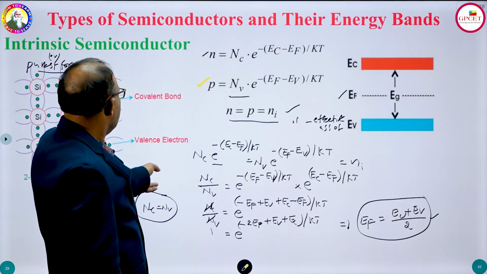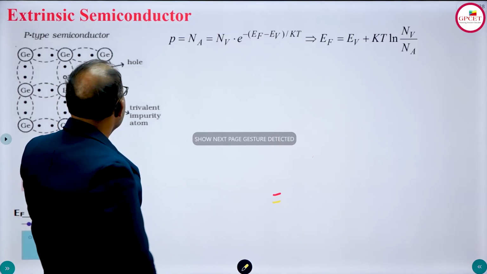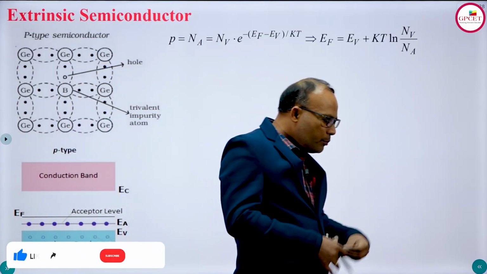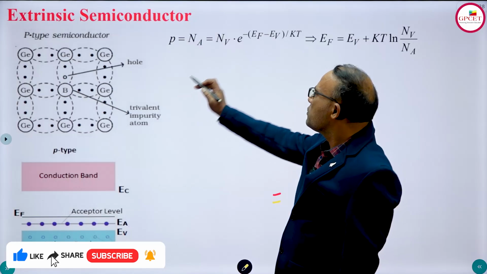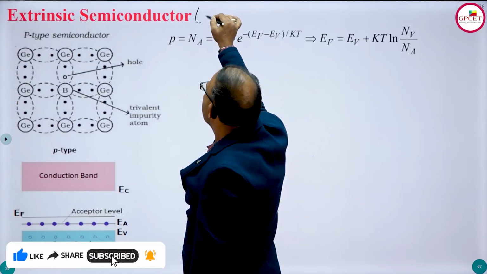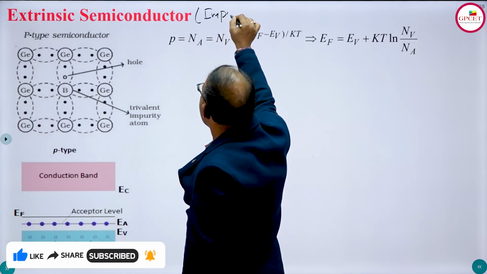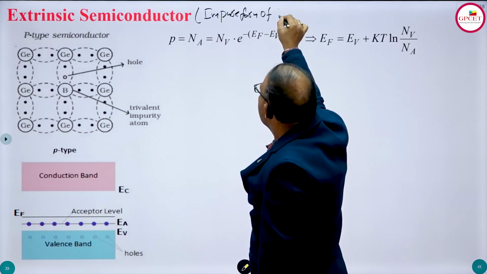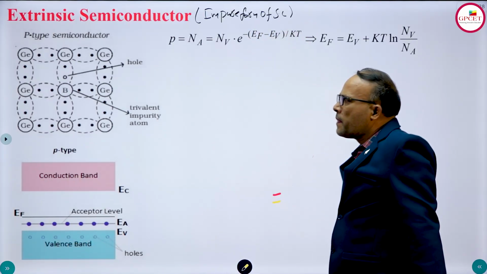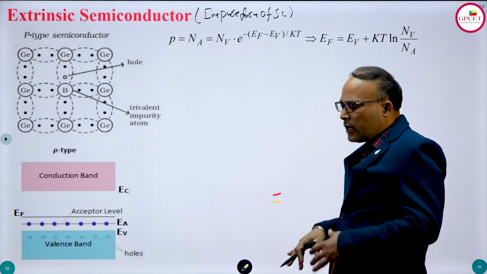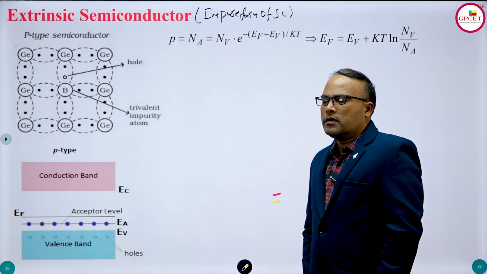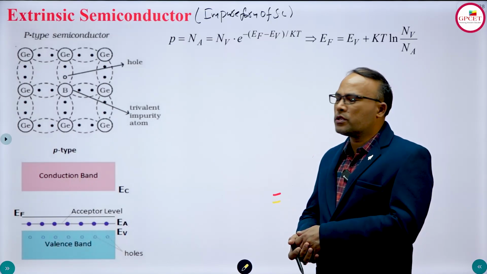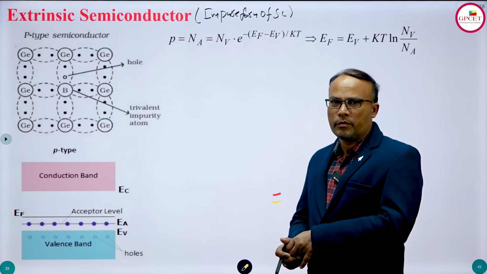Similarly, let us go with extrinsic semiconductors. Extrinsic semiconductor is the impure form of semiconductor, where we need to add some impurities to the intrinsic semiconductor, so that extrinsic semiconductor will be formed.